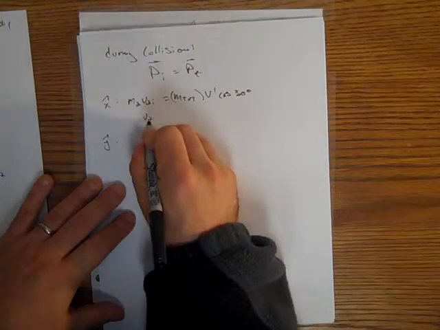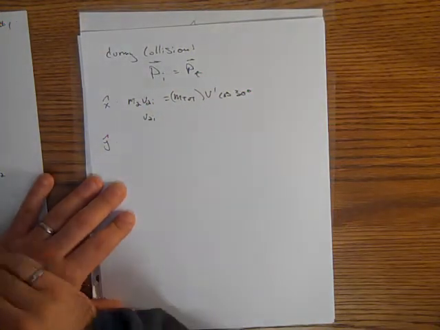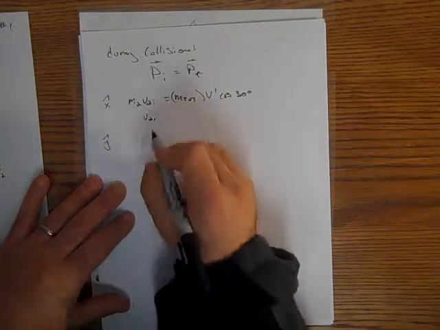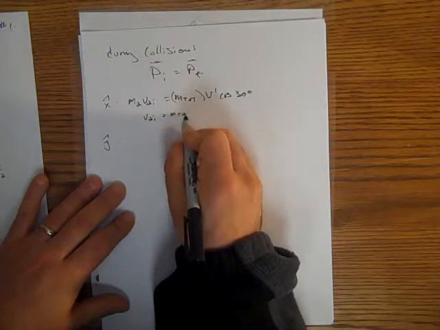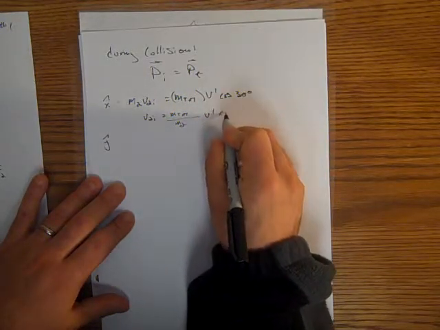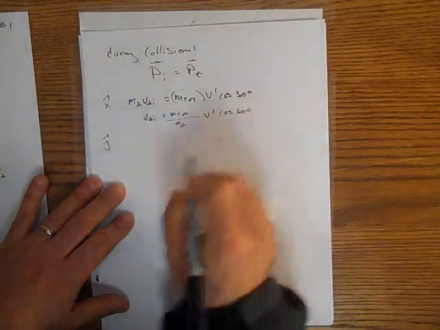Or v2 initial, the speed of the other car, is m total divided by m2, times v prime, times the cosine of 30 degrees.